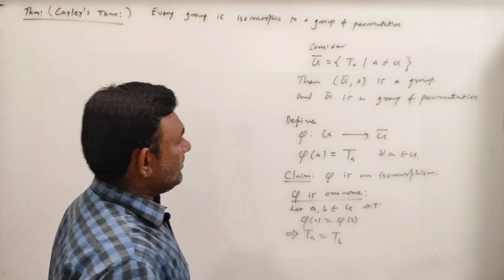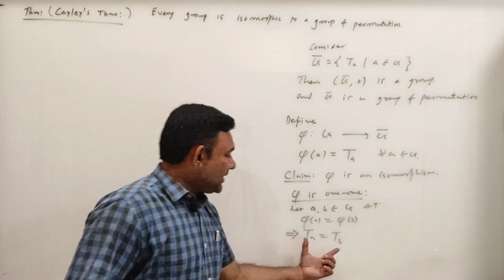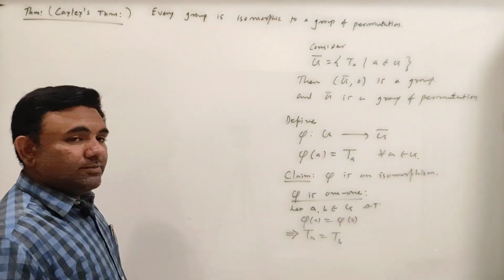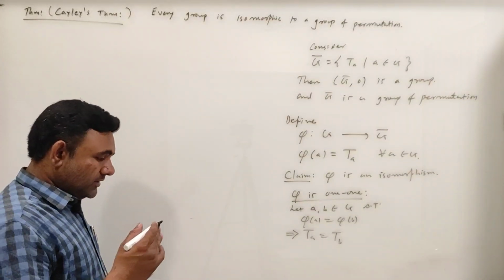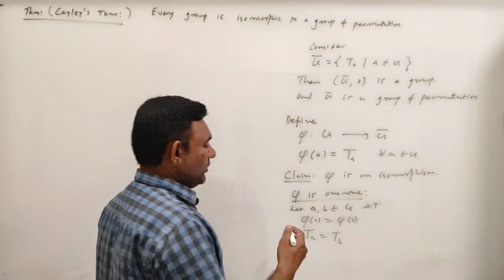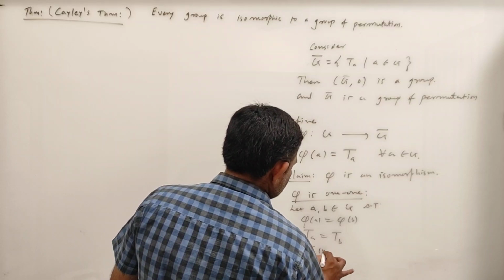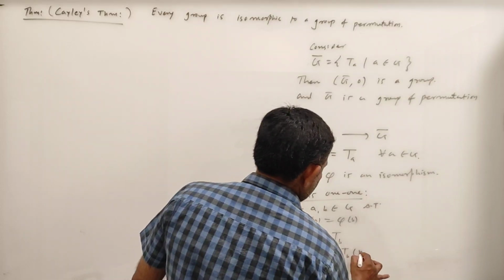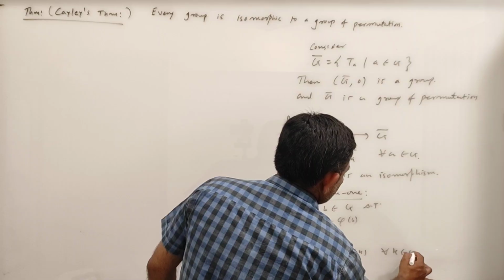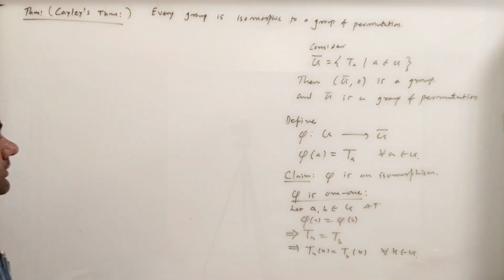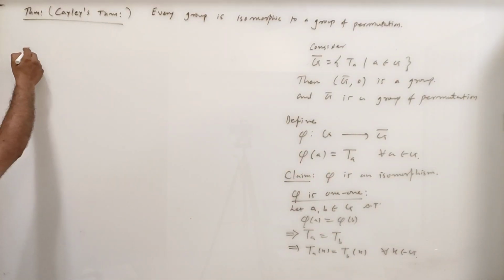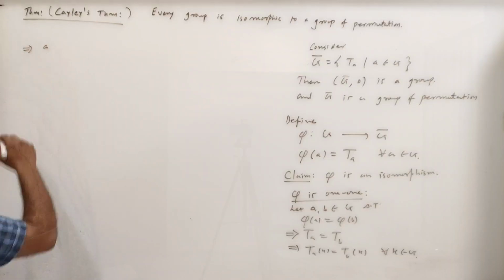Now TA and TB are mappings from G to G. Two maps are equal, it means what? They have the same value at every point of the domain. So it gives me TA at X is equal to TB at X for all X belongs to G. What is the definition of TA?